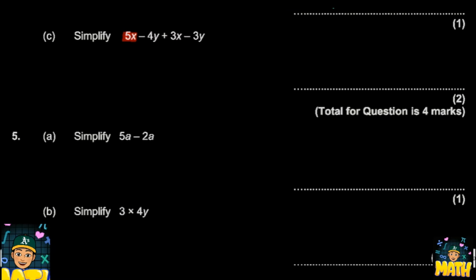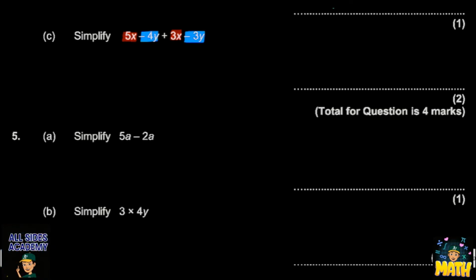5x minus 4y plus 3x minus y. So we start with putting the like terms together. So 5x together with 3x, and then here you have to note that the 4y is negative. So I'll highlight the negative 4y and the negative y.